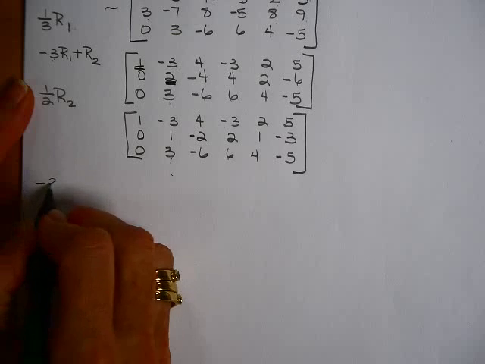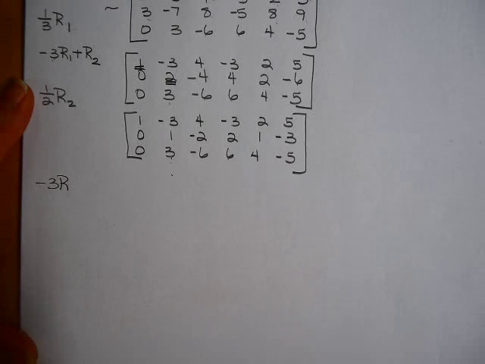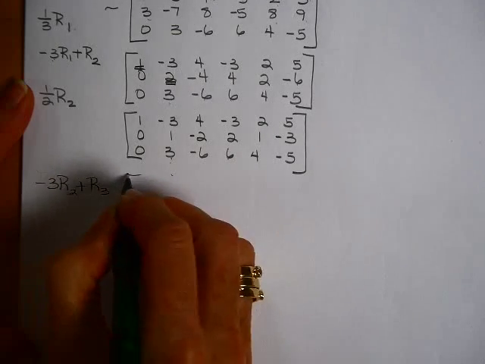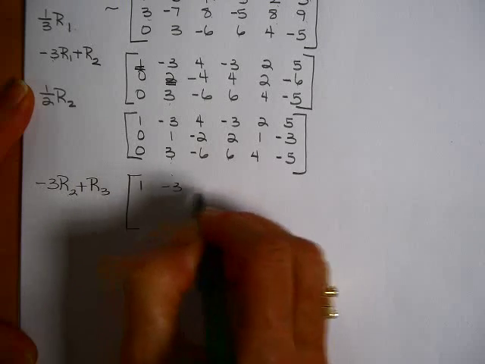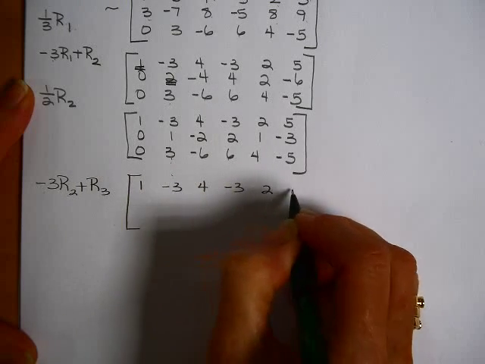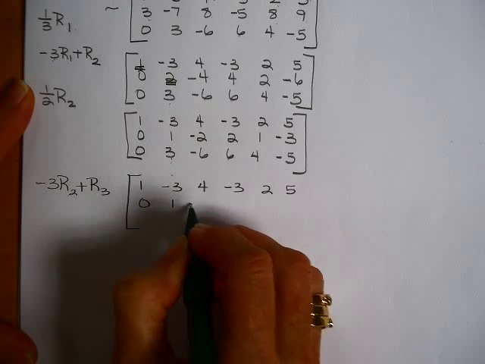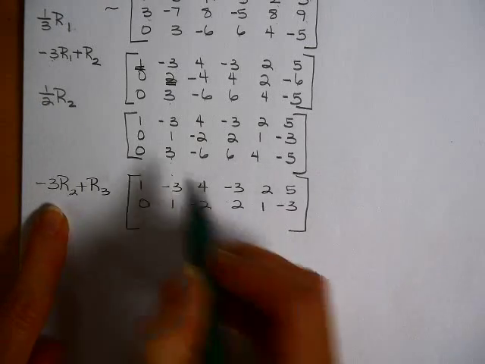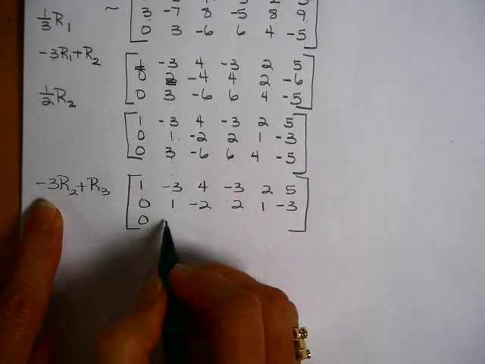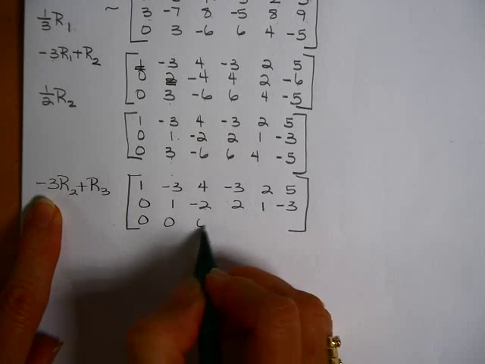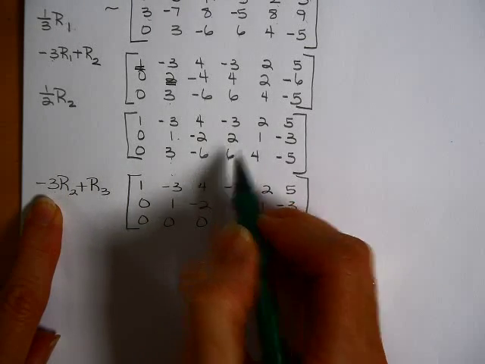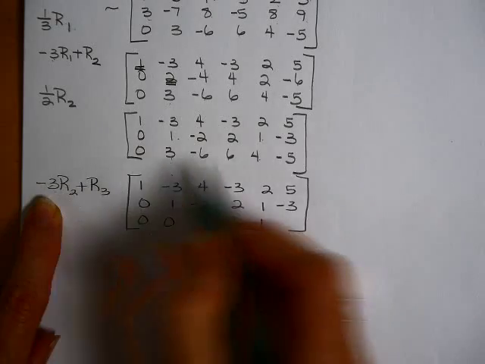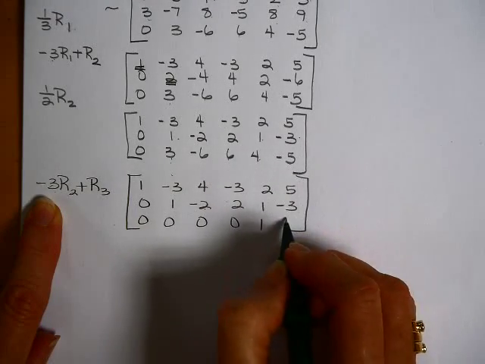So I need to multiply -3 times row 2 and add it to row 3, again ignoring row 1. 0, 1, -2, 2, 1, -3. -3 and 3 is 0. 6 minus 6 is 0. -6 and 6 is also 0. -3 and 4 is 1. 9 minus 5, I believe, is 4.